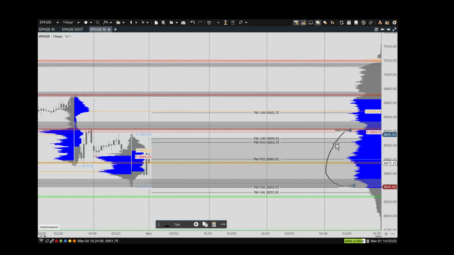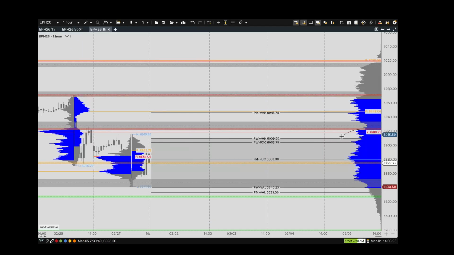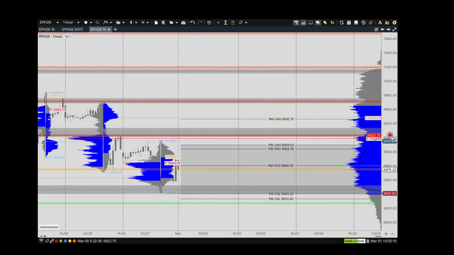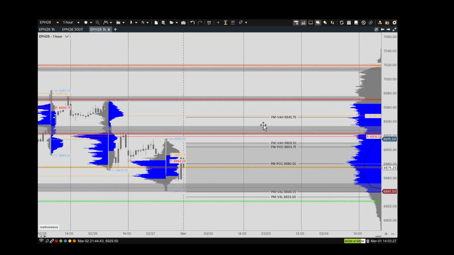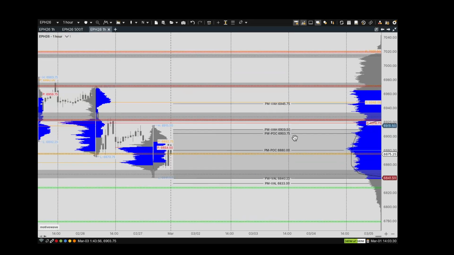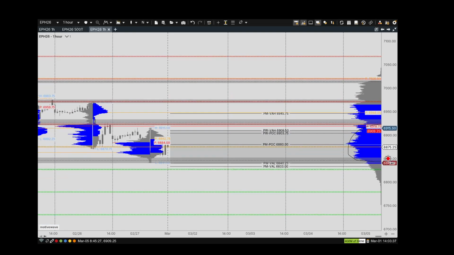We have this balance area here, and then we have a shelf here, and then we have an LVN here, and then we have some support and resistance from the VIX at this LVN and at this LVN, and then you have a shelf here. So this is the balance area that we're auctioning in, and this is the nearest pivot, and these are some minor levels.